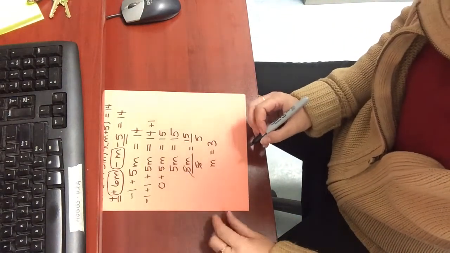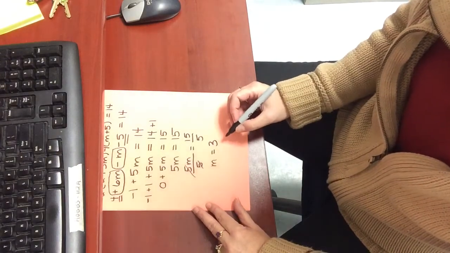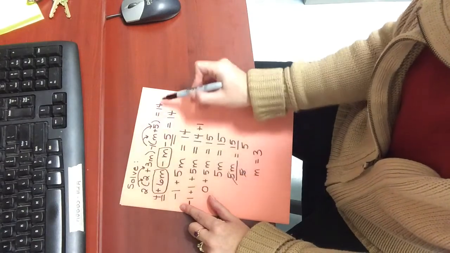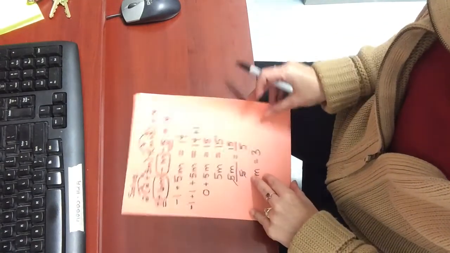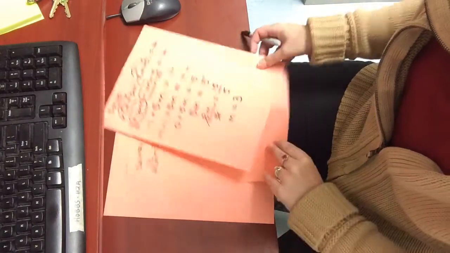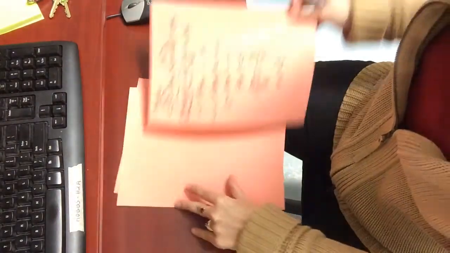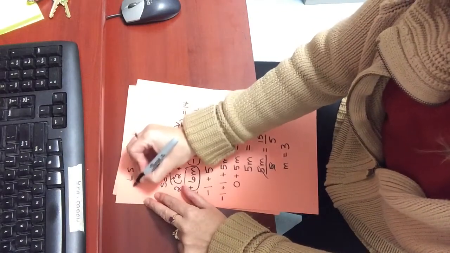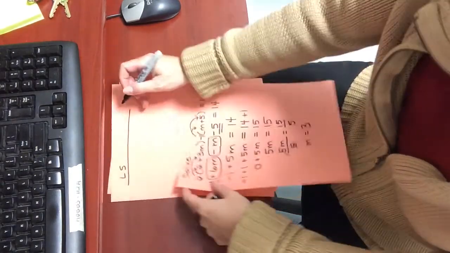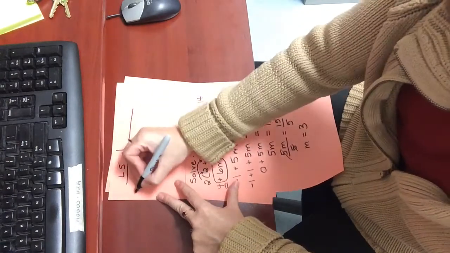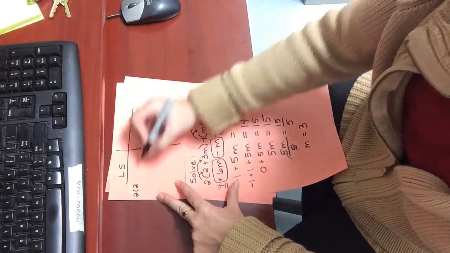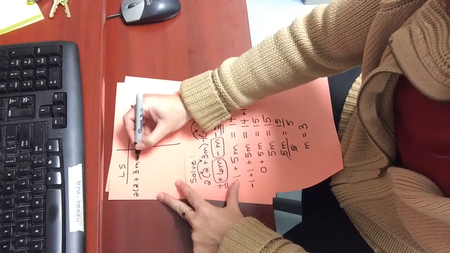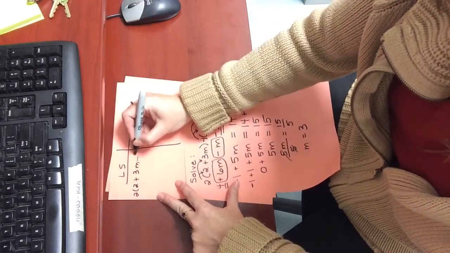Now if I want to do a check, I go back and I look at the original equation, and I look at the left side of the equation, and I look at the right side. So let's do a check. The left side of this equation is 2 bracket 2 plus 3m minus 1 bracket m plus 5. I'm going to run out of room.